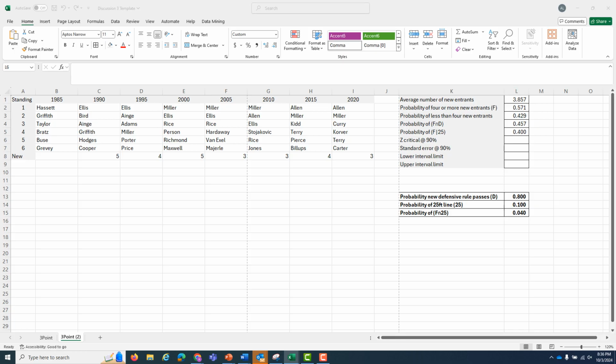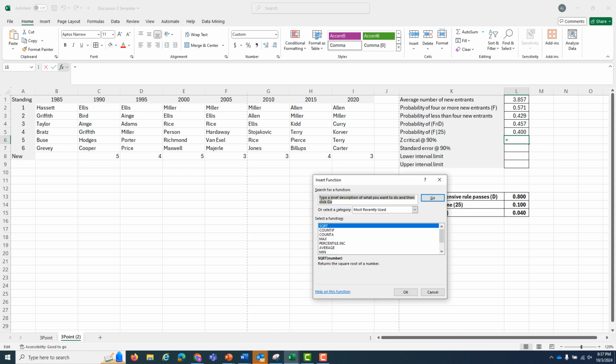Our Z critical value is the number that helps us quantify the chance that we make an error in this prediction. And to find it in Excel, you're going to use a function called, as soon as this loads, NORM.INV, normal inversion. Hit go, and there's a few things in here. You want just the top one, NORM.INV. I'm going to hit OK.